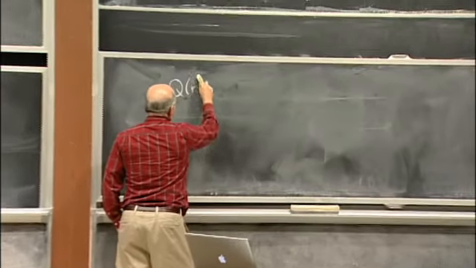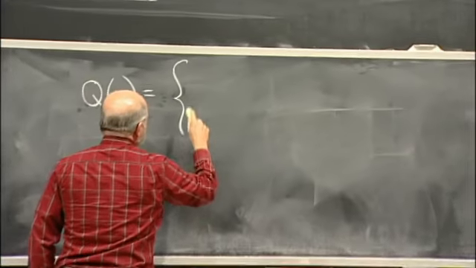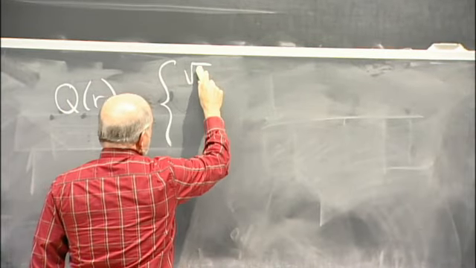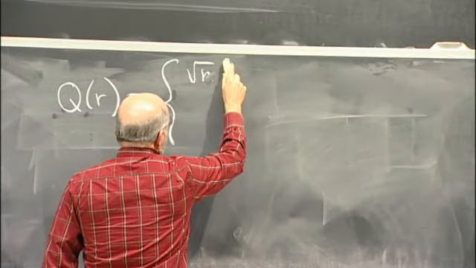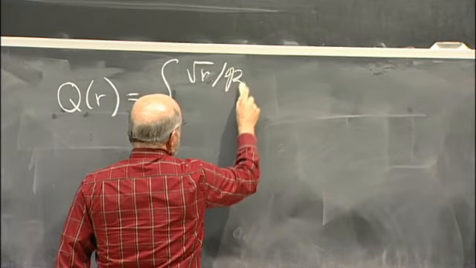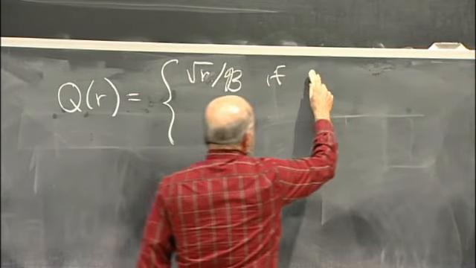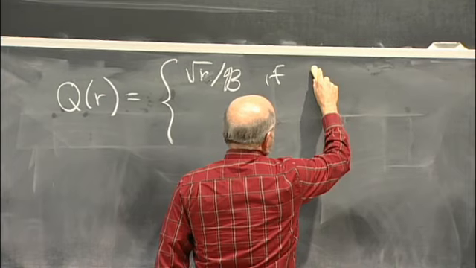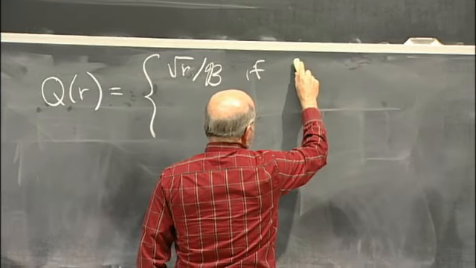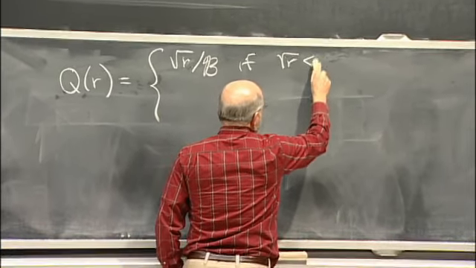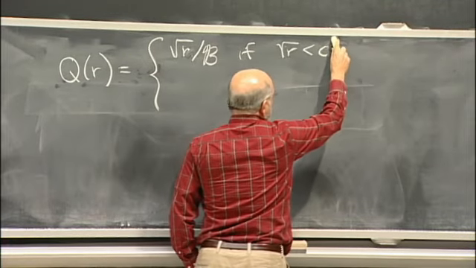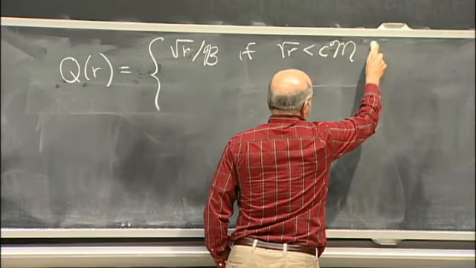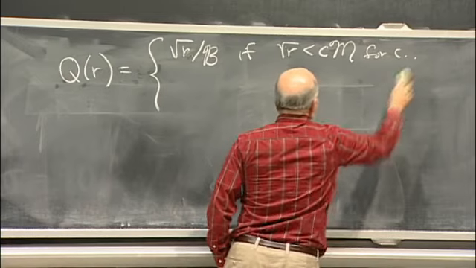So the recurrence, as I recall, was Q of R is equal to square root of R over B if square root of R is less than C M, et cetera, okay?